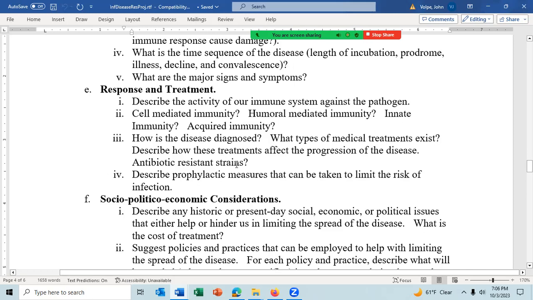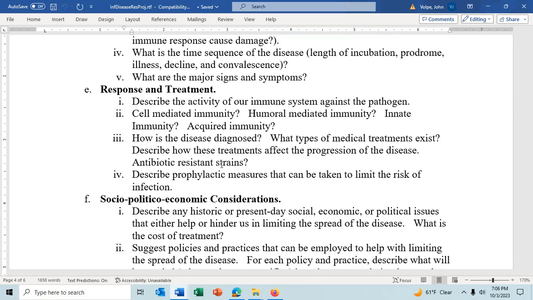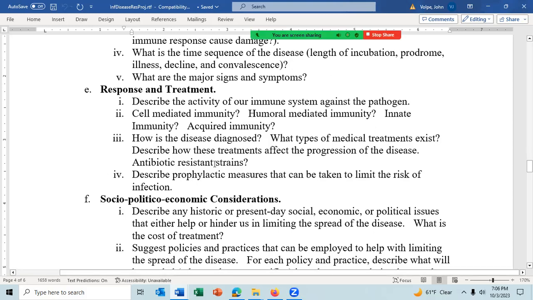If there are antibiotic resistant strains, state that. For example, with HIV, I know there are strains of HIV which resist at least some, if not all, of the antiviral drugs they treat HIV with. And everybody knows that there are bacteria which are resistant to different antibiotics. So talk a little bit about that.